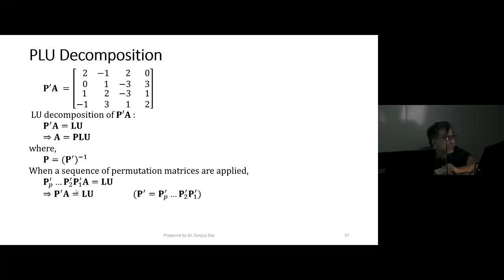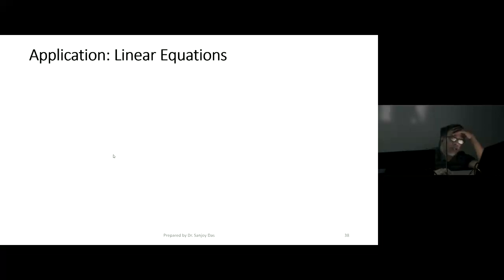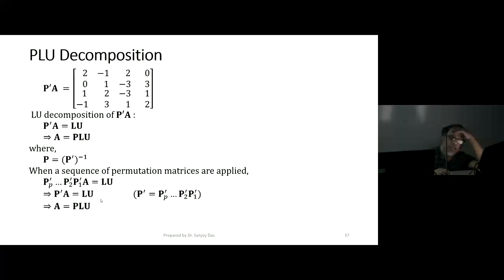Since the product of permutation matrices is a permutation matrix, that's equivalent to some permutation matrix P prime such that P prime A equals LU. Whence A equals PLU, where P is the transpose of P prime. So this is PLU decomposition.